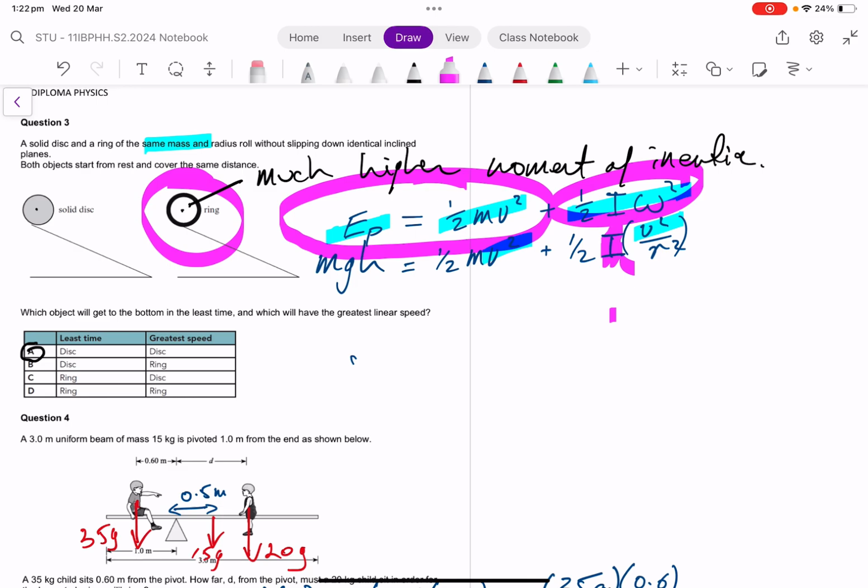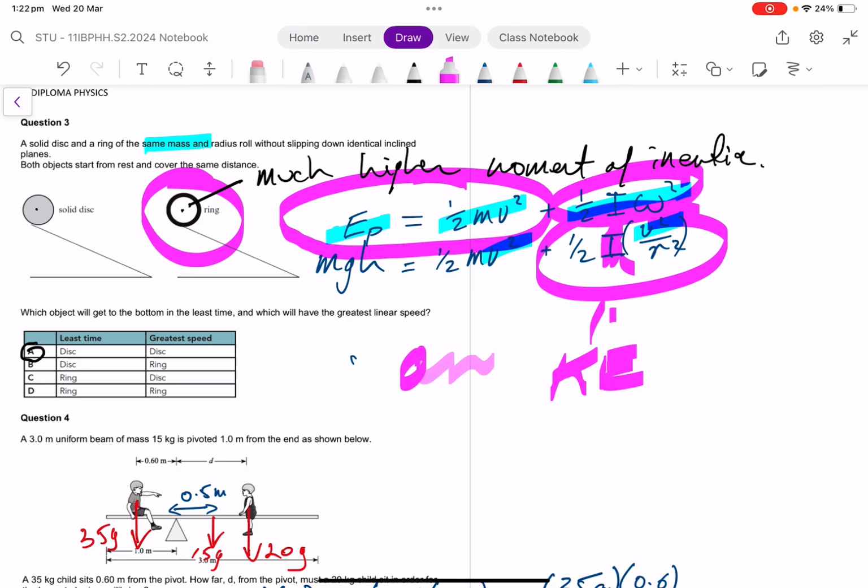As you can see, that depends on the I, the moment of inertia, yeah? And if omega is simply v on r, which it is because v is omega r, both of those terms now have just got a v squared in there. So if you've got a bigger moment of inertia, you're going to have a larger proportion of the initial potential energy becoming angular kinetic, meaning that there will be less linear kinetic energy, all right?